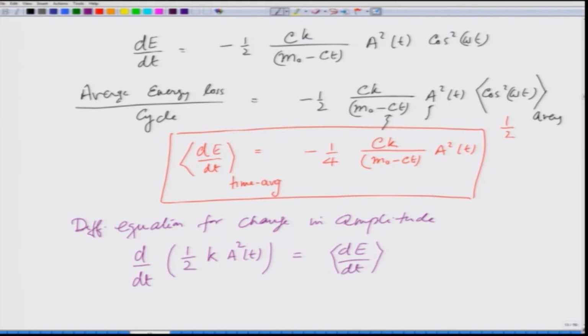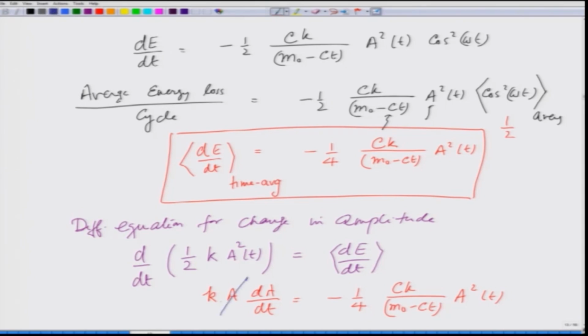And therefore, this differential gives me k A dA dt, which is equal to minus 1/4 c k over m naught minus c t, a square t. I can cut a few terms on the two sides.